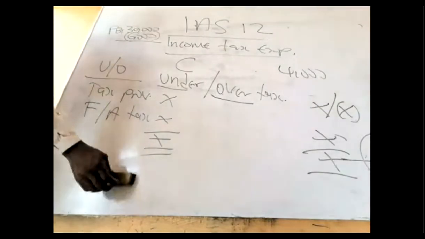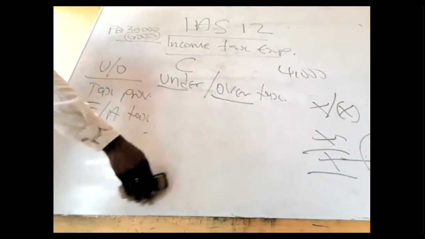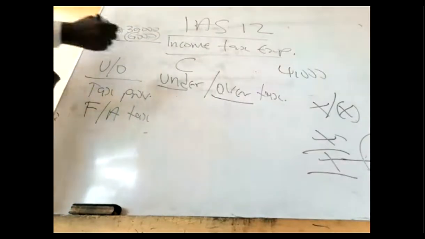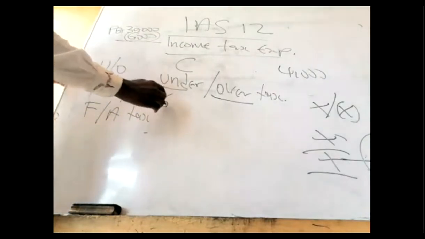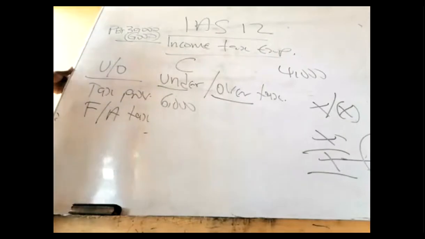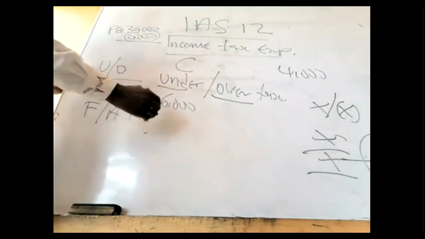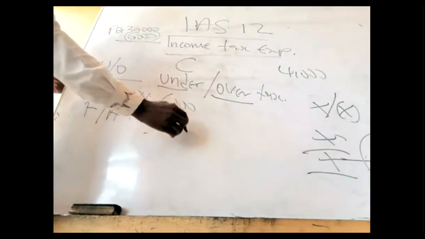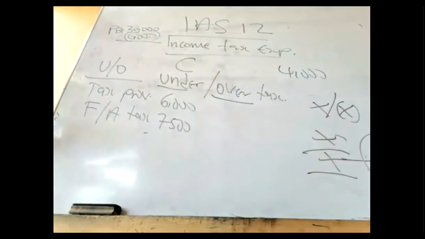So let's cite a nice illustration here. Let's assume that you make a provision of 6,000 in the books. But the tax authority says, no way, the tax should have been what? 7,500. And you've agreed.